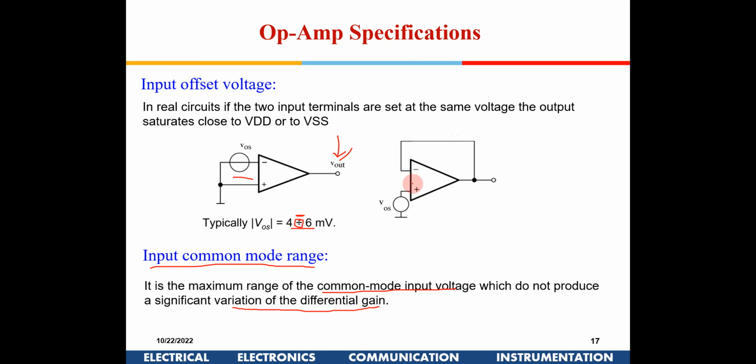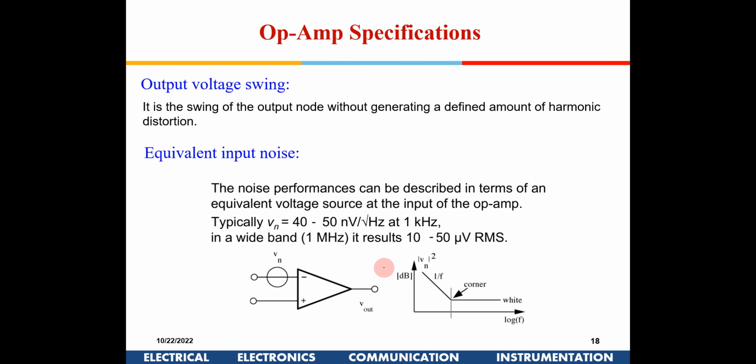That means as long as the transistors involved are in saturation, which we did for so many problems, that much common mode voltage this op-amp can handle. That will also be specified. If you go beyond the specified range, then the differential gain will be affected, and non-linearity will also set in.